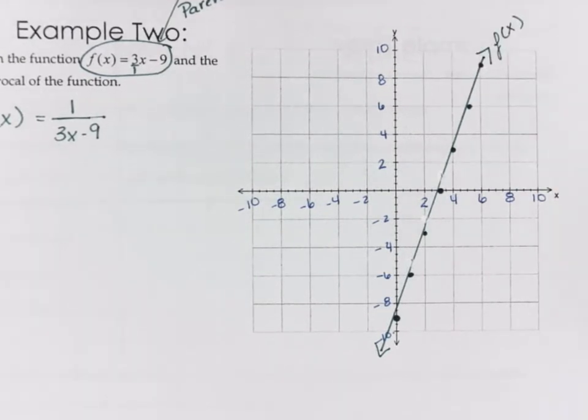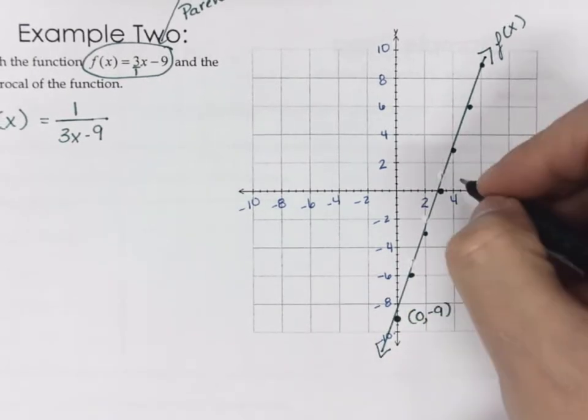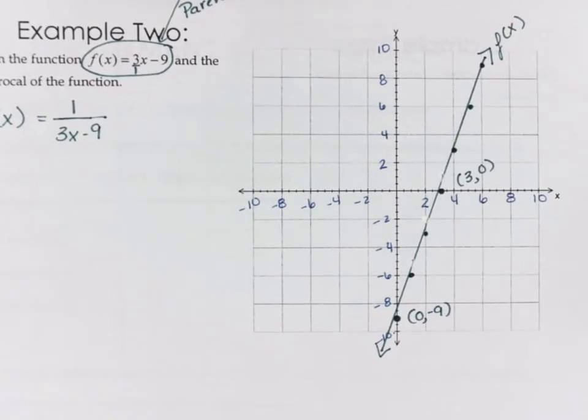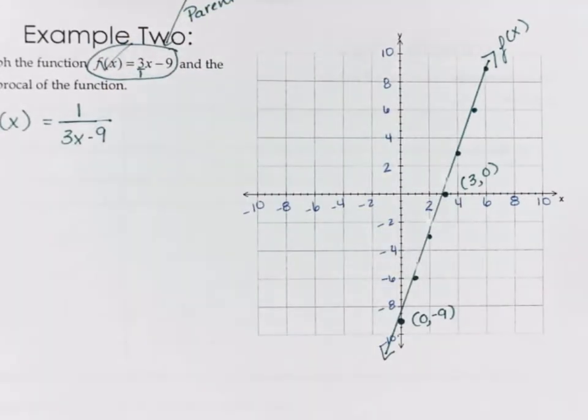And I need to do one more thing. I think you said it for me. Label 2 points. So I'm going to do 0 and -9. And I'm going to do 3 and 0. Okay, so graph that function. Parent function has been graphed.